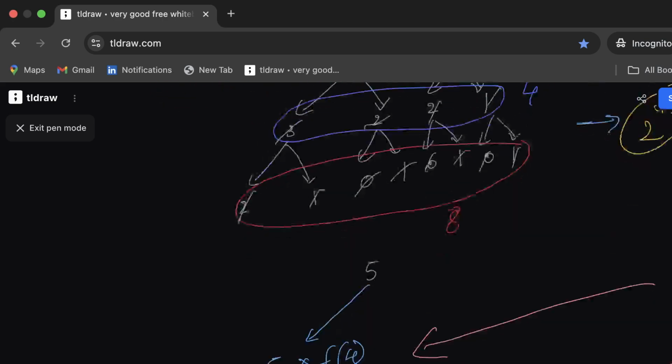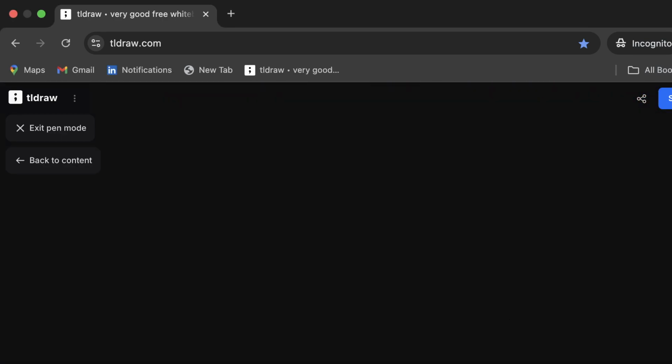Let's see how the log base 2 complexities work and how to understand that.